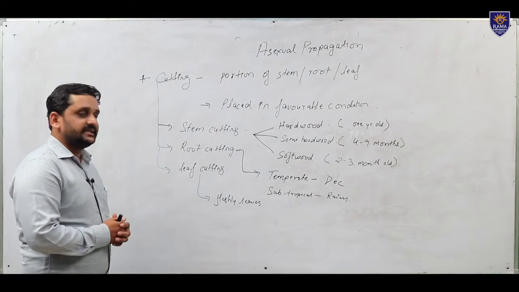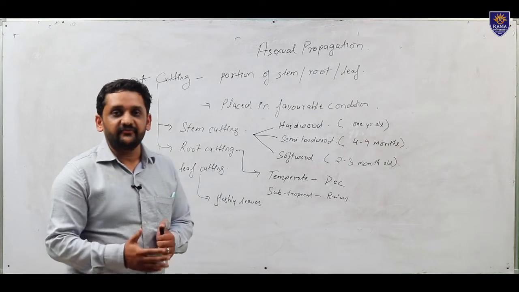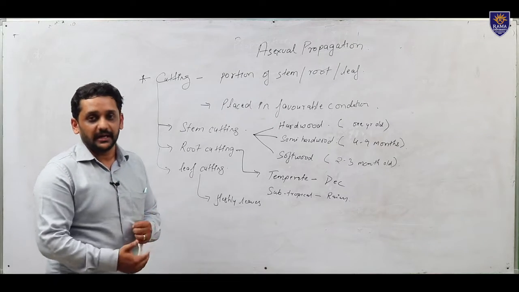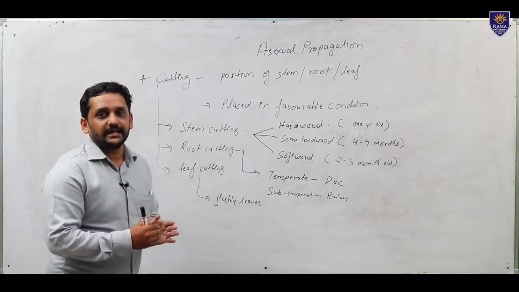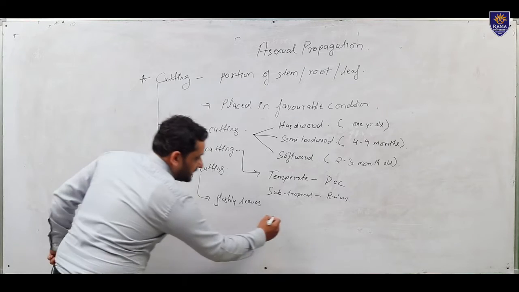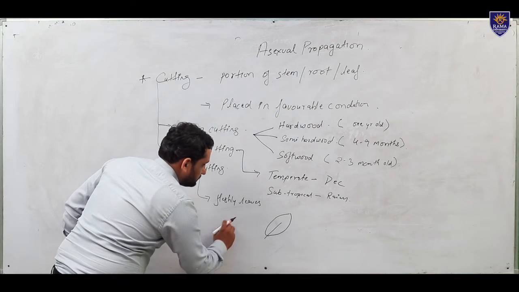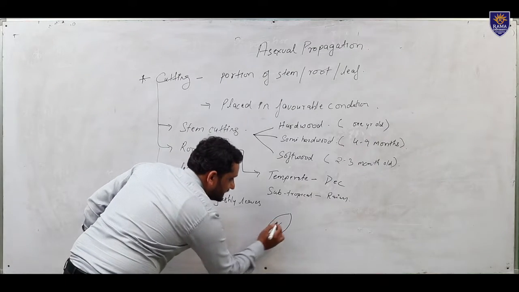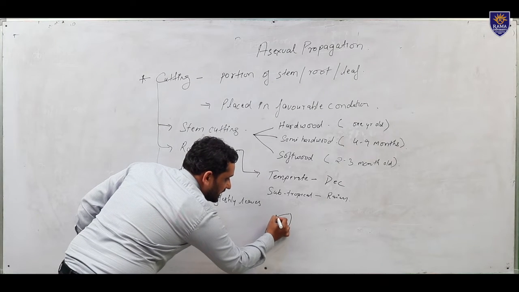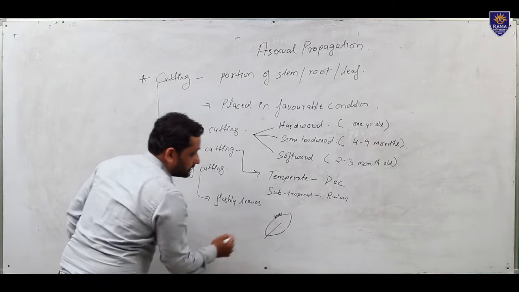Now the last one is leaf cutting. In leaf cutting, as the heading shows, we take the leaf as vegetative propagation material to produce another plant, and we take a leaf which is fleshy in nature. If this is the diagram of a leaf, you can see in a plant known as pathar chata that small leaves grow on the border of the leaf, in the leaf margin.